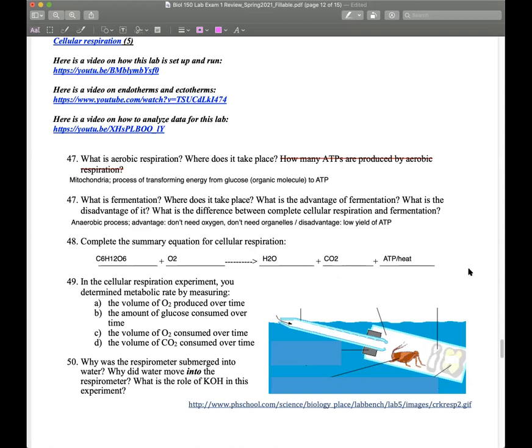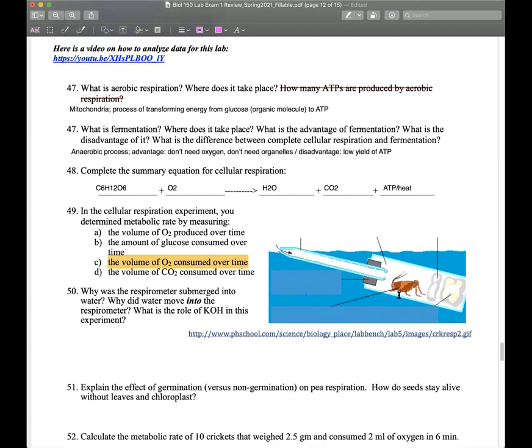How did we determine respiration in that experiment with this device? Because of the amount of O2 that was consumed over time. Right, volume of O2 consumed. So this little guy was using up oxygen, and as he used up oxygen, what happened? The water was moving inside the pipette. Yeah, exactly. That's why we had to put this underwater.